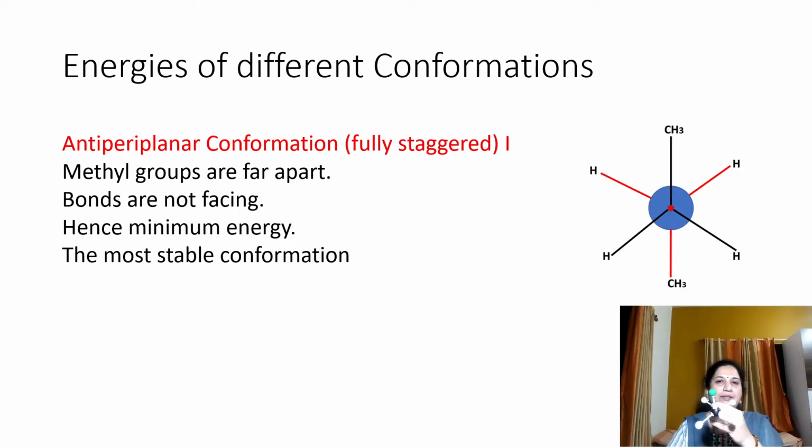We will start with the fully staggered or antiperiplanar conformation. As you can see, methyl groups attached to the two carbons are far away from each other, and bonds are not facing. So this conformation will have minimum energy, and it is the most stable conformation.